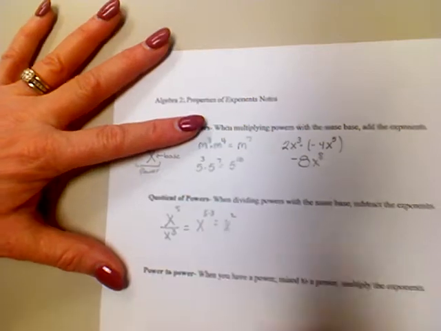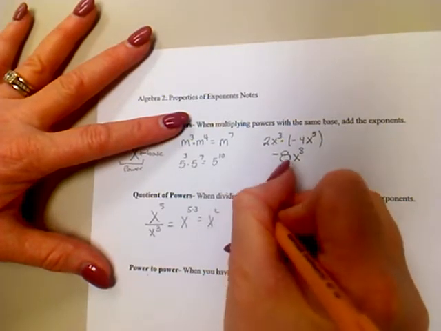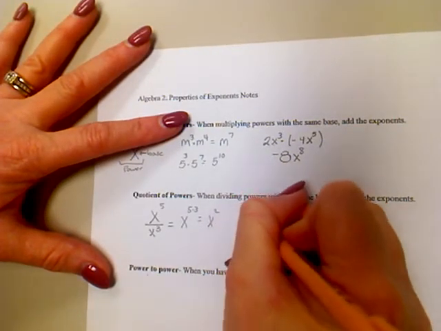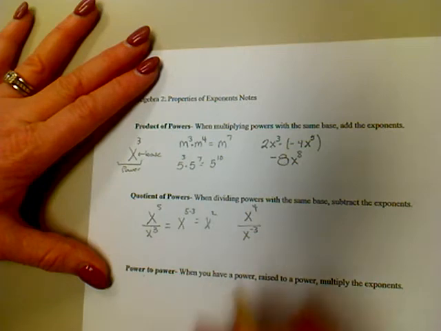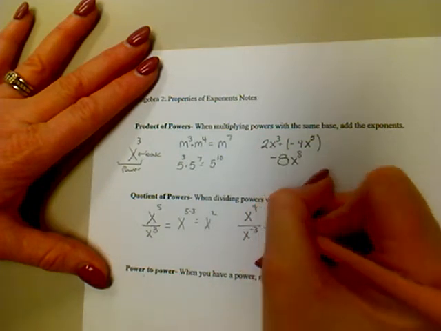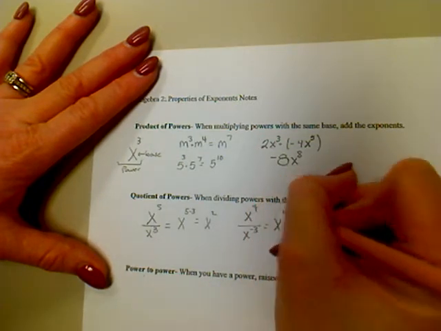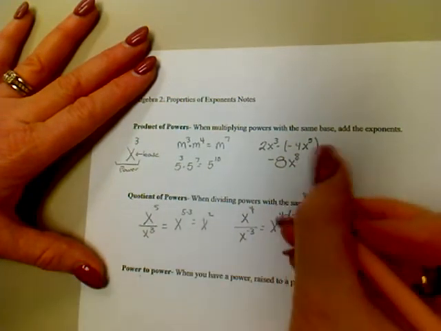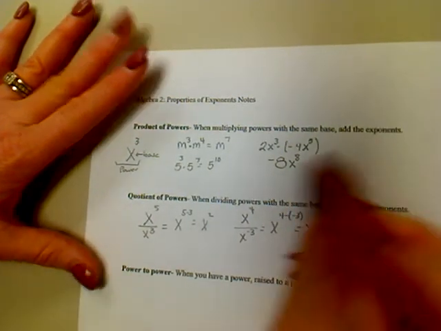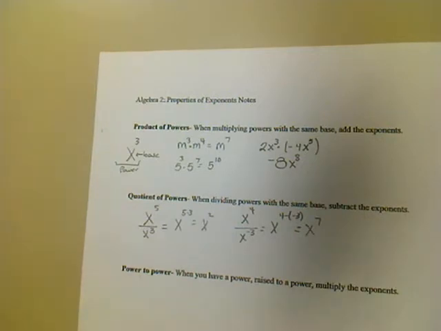I think it was 4 and negative 3. I gave you something that looked like this. A lot of people put 1, because 4 minus 3 is 1. But that's not what this problem is, because this is the same as 4 minus negative 3, which made that x to the 7th. A lot of people miss that one.